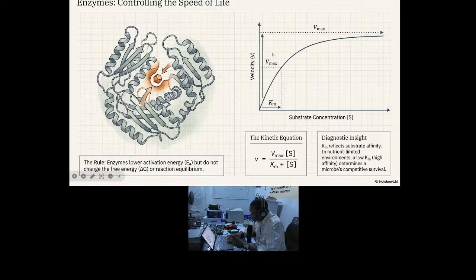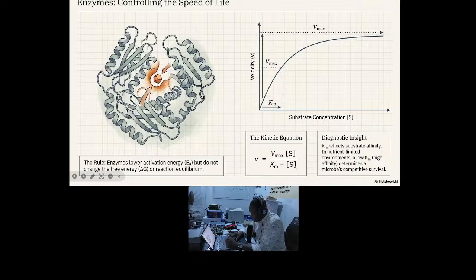There is going to be a level where v, which is velocity, is going to be the v max, the point at which the velocity is highest. Then v equals v max times s over Km plus s.